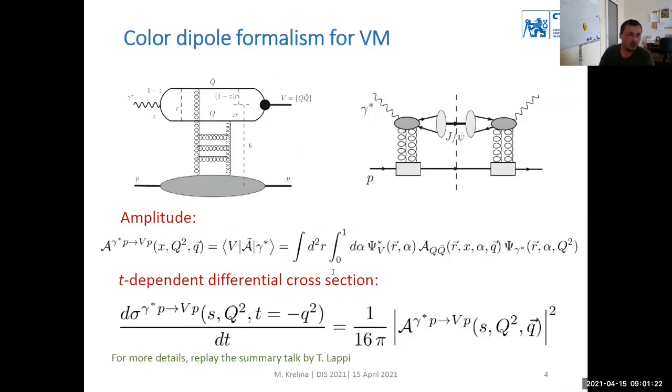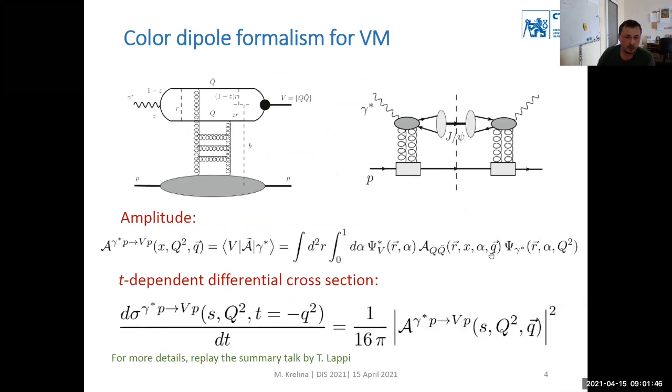Okay, so very shortly about the color dipole formalism. If you want to calculate some t-dependent differential cross sections, basically you need an amplitude that is transverse momentum dependent. Here you can see the structure of the amplitude. It looks pretty standard. You have a wave function of the virtual photon that goes into QQ-bar.